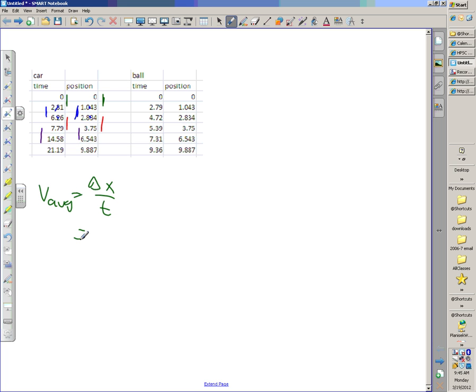So for the green interval, its final position is 1.043 meters, right? Minus its initial position, which was the starting point, okay? Then the time that it takes is just 2.31 seconds because it started at 0 seconds. Does that make sense?